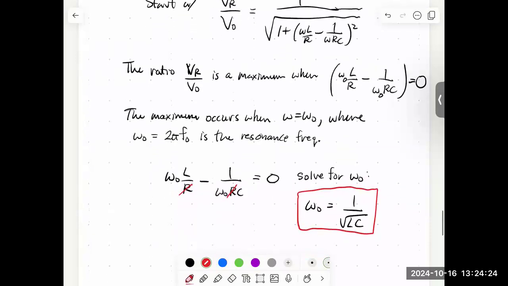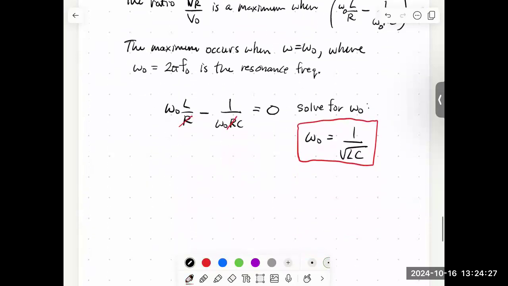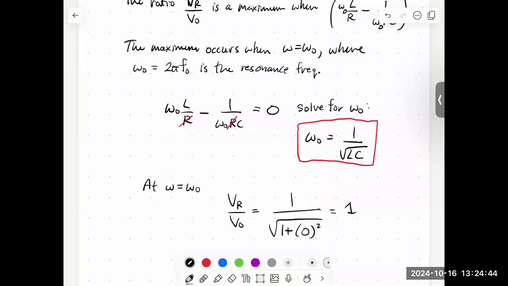So, and then exactly like you said, at omega equals omega naught, the voltage ratio is going to be 1 divided by the square root of 1 plus, well, it's just 0 squared. And so that's just 1. And so that's exactly what you predicted.